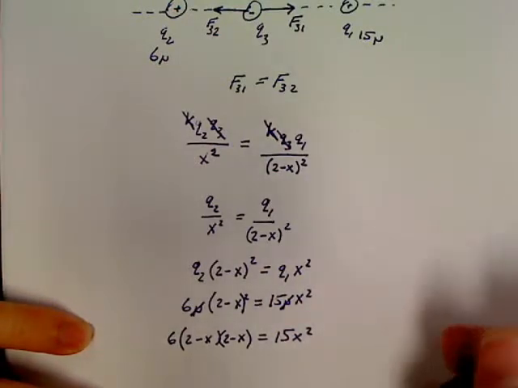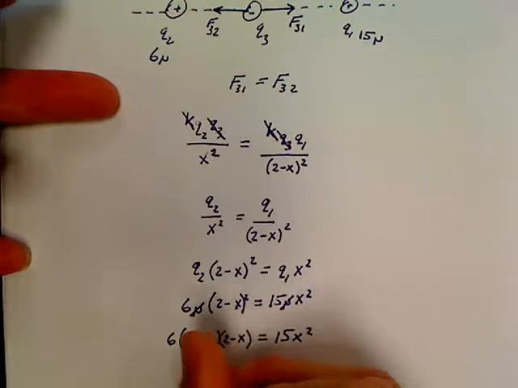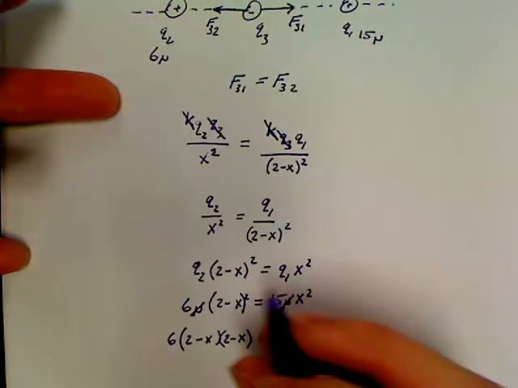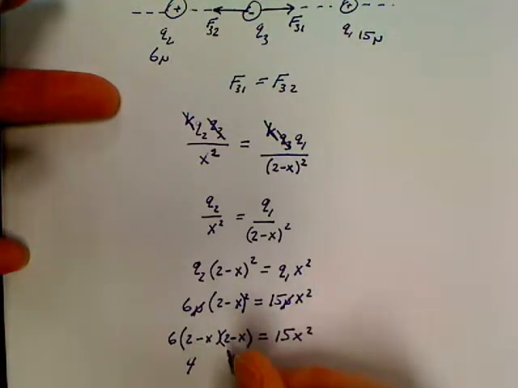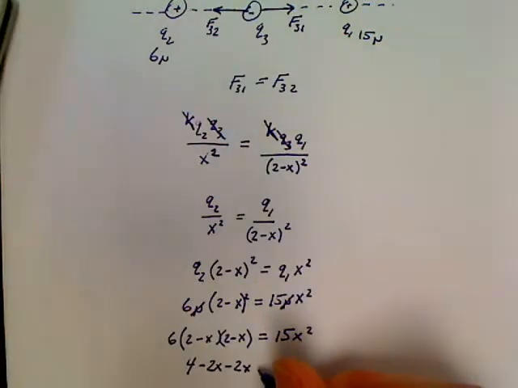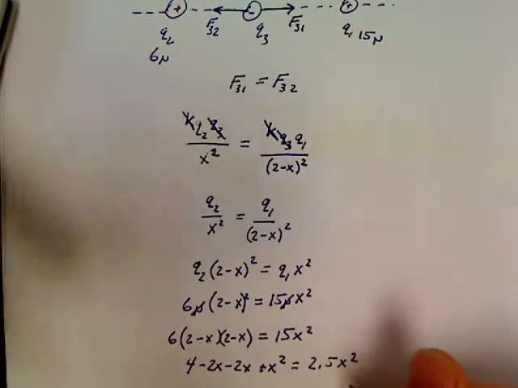If you want to, we can go ahead and get rid of the 6. We'll take 15 and divide that by 6. I didn't even think about that and just go ahead and get rid of it. 15 divided by 6 equals 2.5. So we'll divide that, but let's foil this first. 2 times 2 is 4, minus 2x, minus 2x, plus x squared equals 15 divided by that 6, 2.5 x squared.